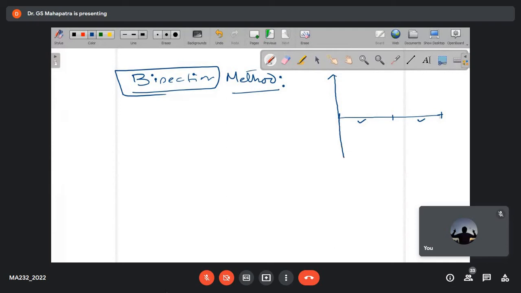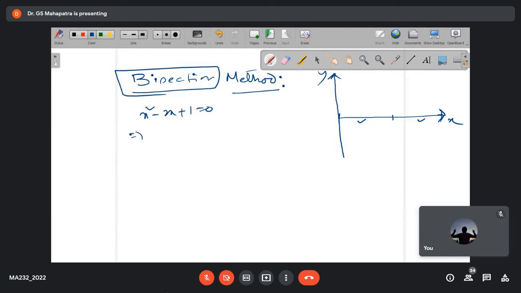Now just see. Draw the coordinate axes, x and y. Say the solution in terms of y equals to f of x. Earlier we described x square minus 2x plus 1 equals to 0.